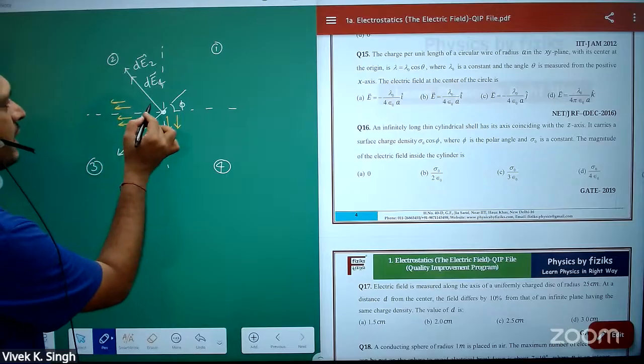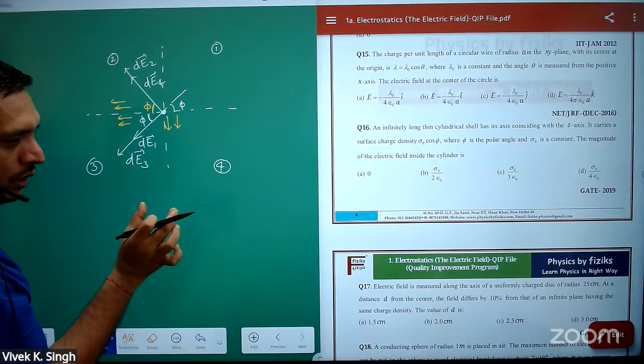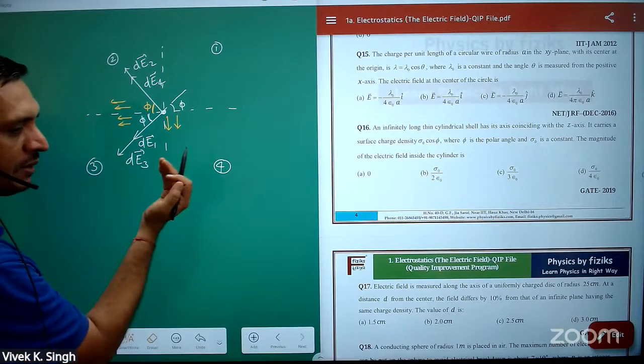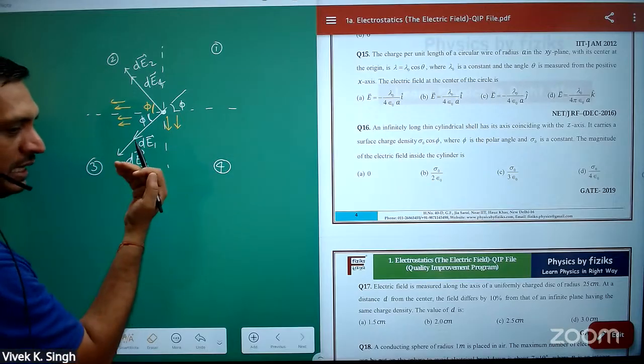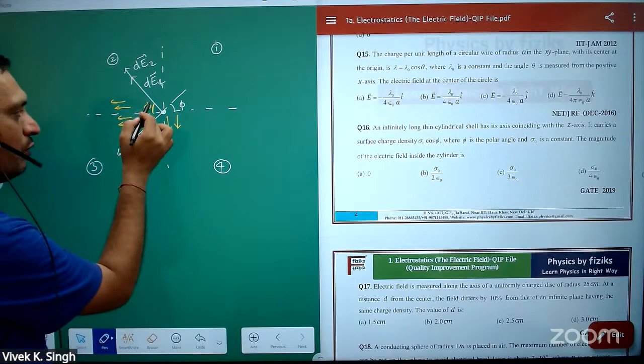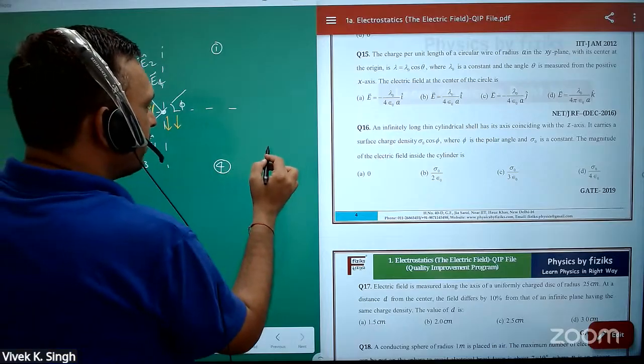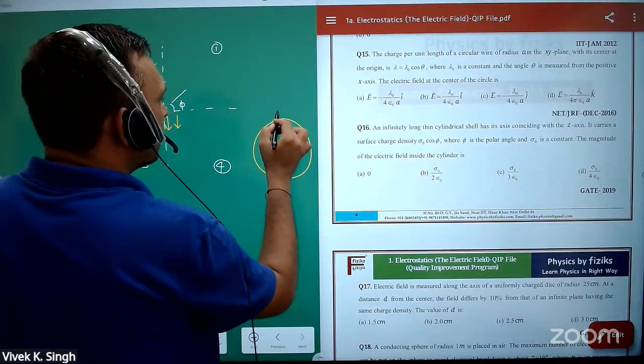This symmetry is same. Now this angle is phi. You are calculating the magnitude, because each segment has the same symmetry. I am considering each segment has the same symmetry, so that's why this angle will also be phi. Because I am considering this particular arc again and again.